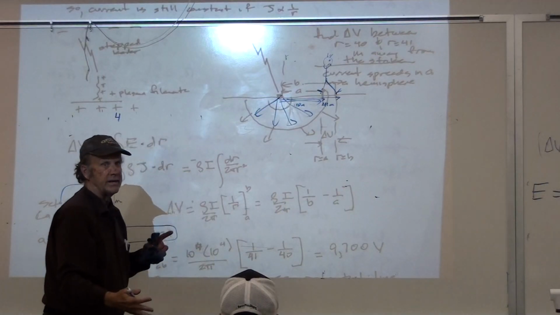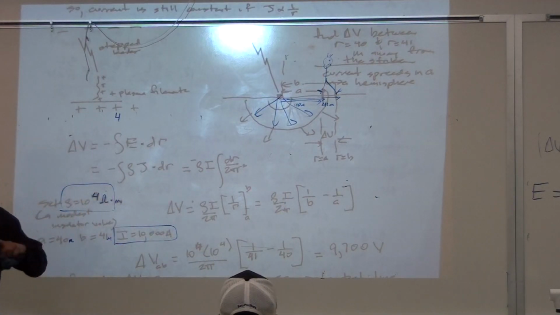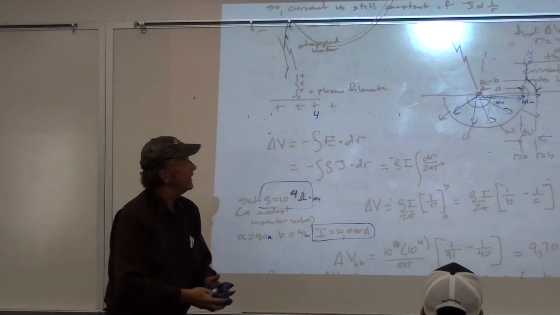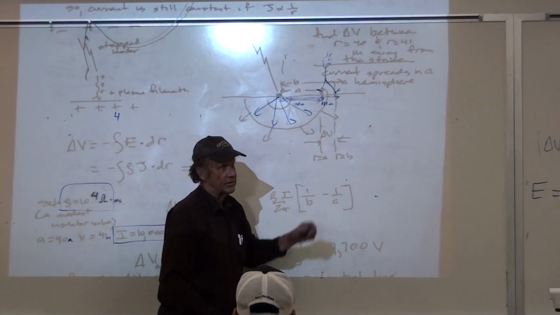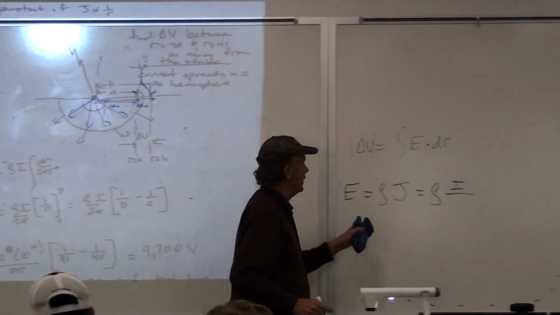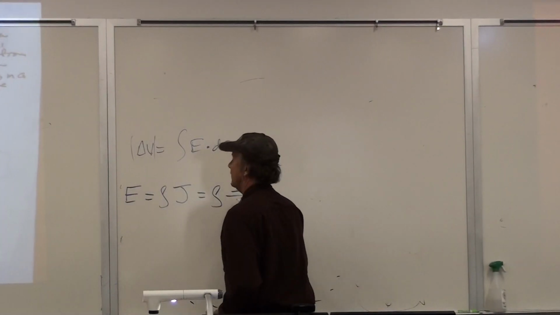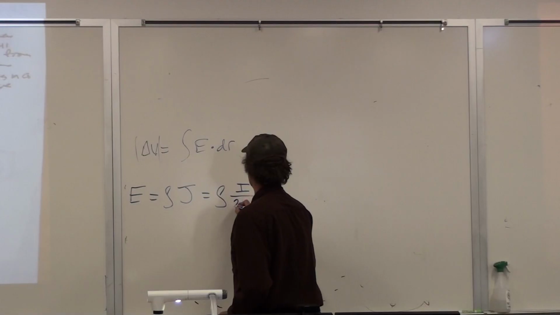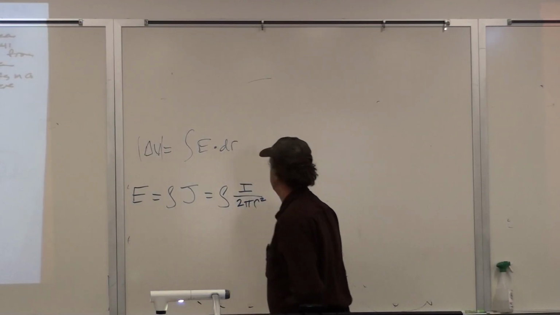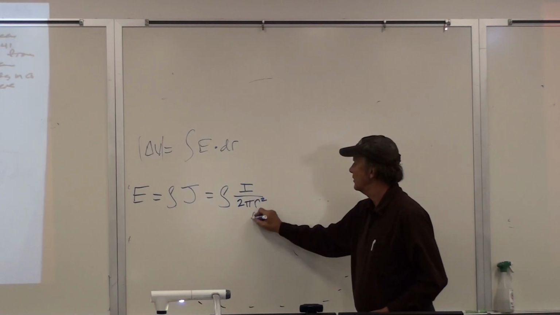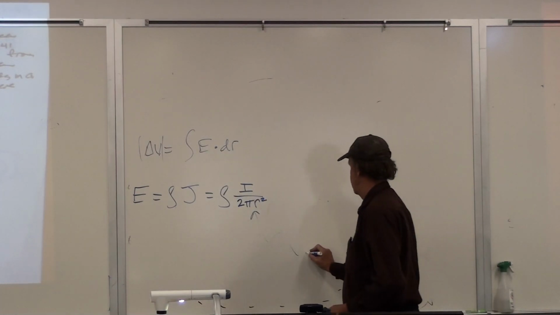It starts spreading out, not through a whole sphere, but through a hemisphere, because it can't go this way. The air is insulating, so it has to go through the ground, which has a smaller value for the resistivity. So the area then is going to be 2 pi r squared. Okay, so that's the surface area of the hemisphere.